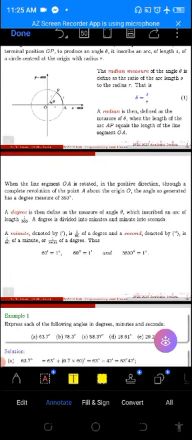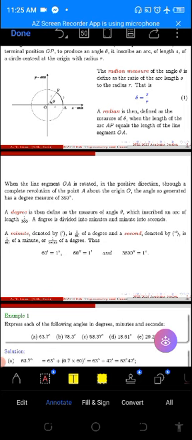A degree is defined as the measure of angle theta which subtends an arc of length 1 over 360 of the circumference. A degree is divided into minutes and minutes into seconds.